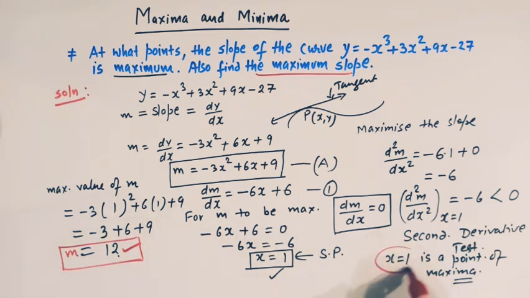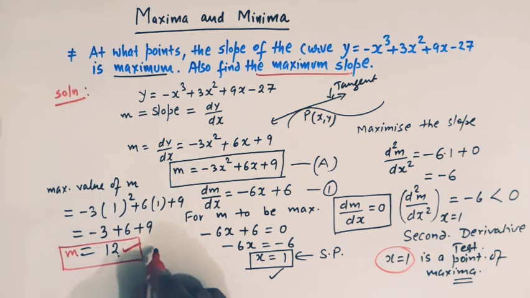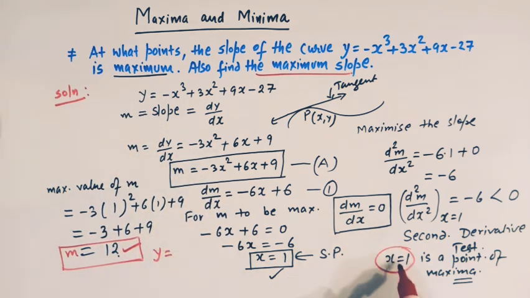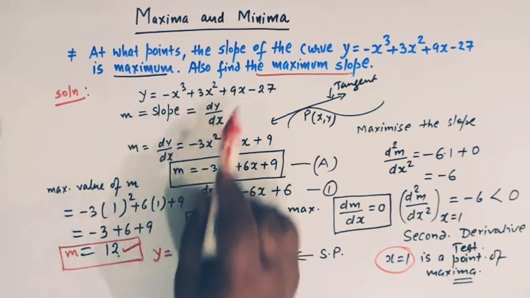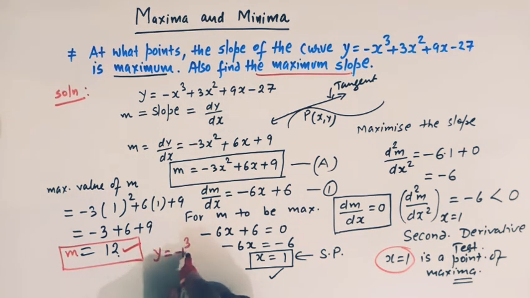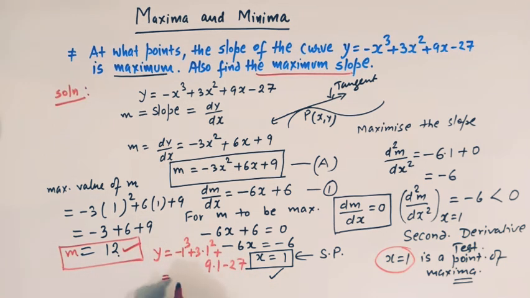So we have x equal to 1, and y can be obtained by substituting x equal to 1 in the equation of the curve, and this is -1 cube + 3 times 1 square + 9 times 1 - 27, right? And if we simplify it, we'll get -1 + 3 + 9 - 27, and if we solve it, we'll get -16, right?